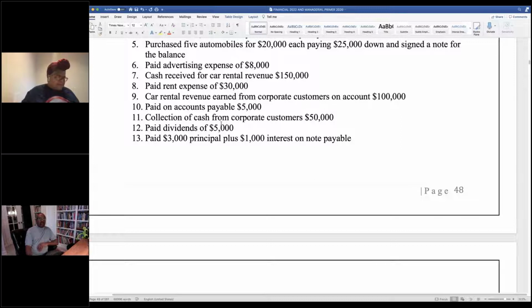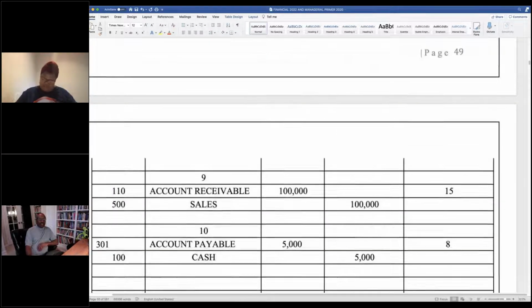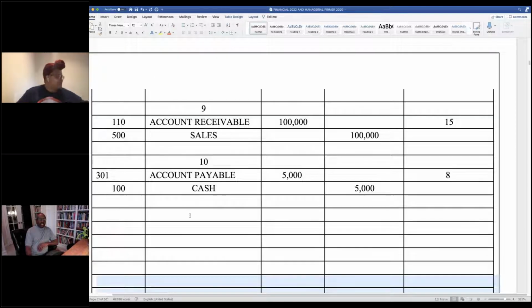No, 3. It's a 3. So we're on number 11. Now, for us to have a type 3 transaction, we have to have had a 15 prior. When we did the work, we recognized the revenue. We're just going to get the cash later.